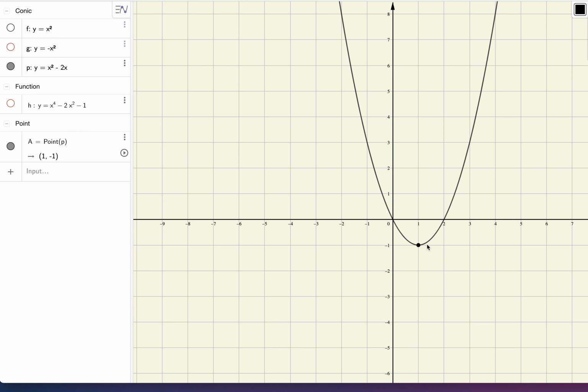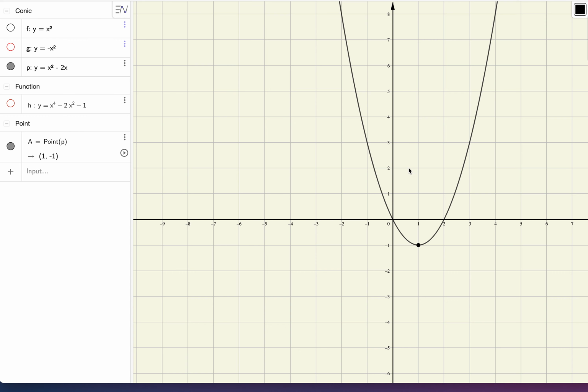When I ask you about the point, you have to tell me this point has x coordinate 1 and y coordinate -1. -1 is the minimum value. 1 is the place where the minimum occurs. So these are the terminologies you need to respect.